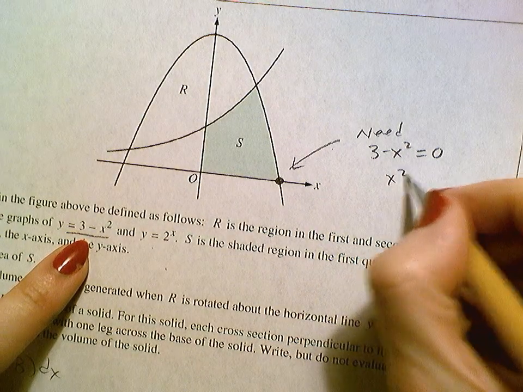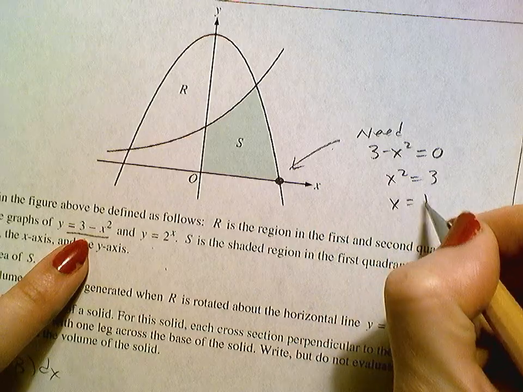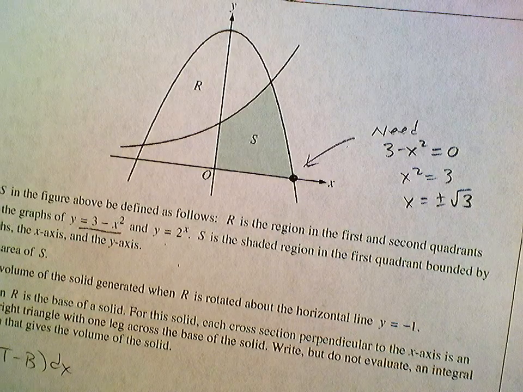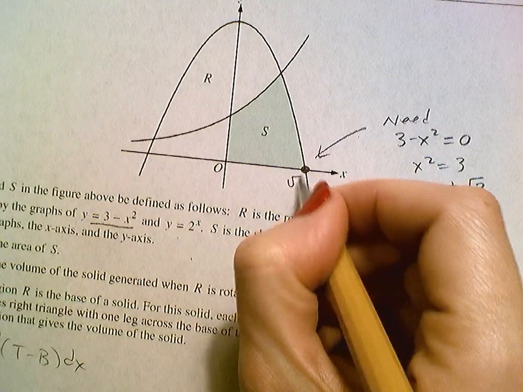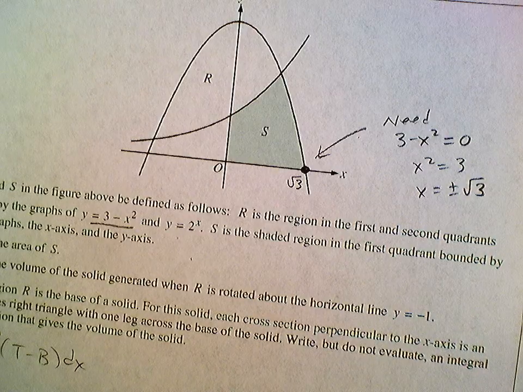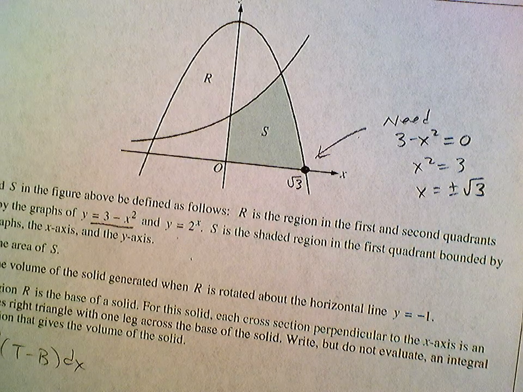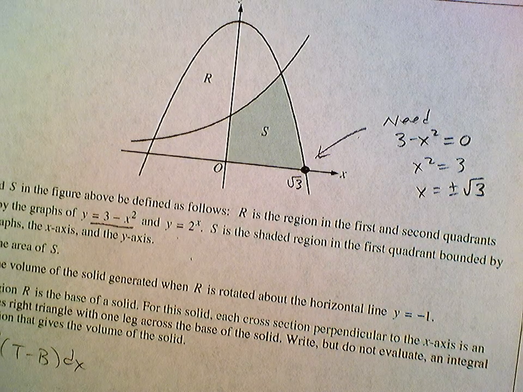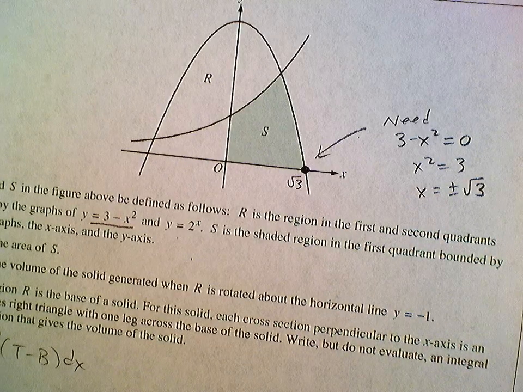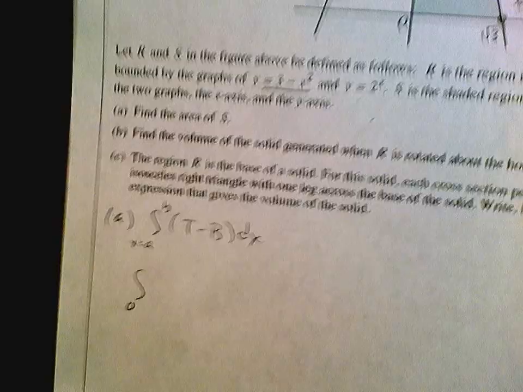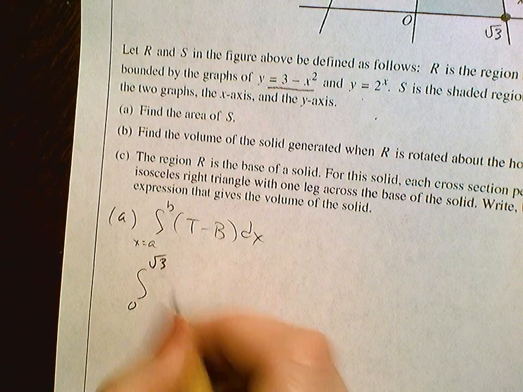So x squared equals 3, so x is plus or minus radical 3. So this is radical 3 right there. Don't estimate, guys. If you did use your calculator to get that, then store it. So 0 to radical 3.